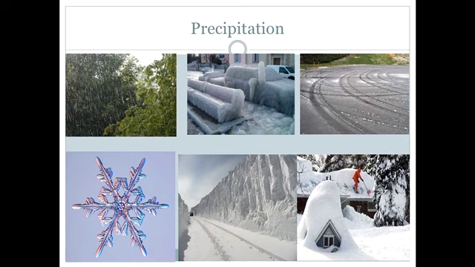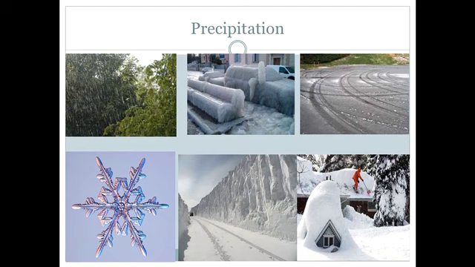Down on the second row of pictures, you see a picture of what an actual snowflake looks like. And no two snowflakes look exactly alike. All snowflakes are different. They have different patterns. The middle picture on the bottom, you can see in the very back, a vehicle driving through a road that has been plowed really, really high because this is lake effect snow.